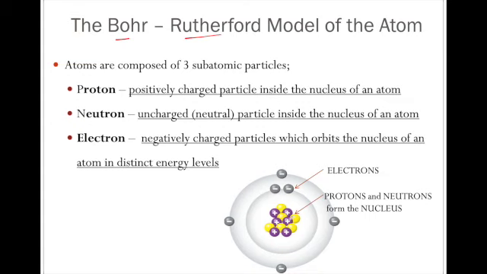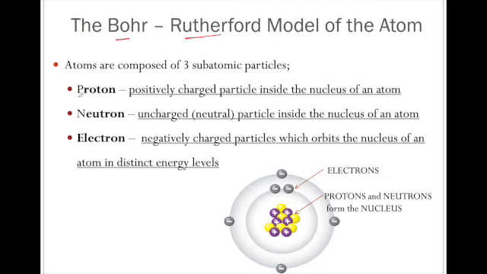And in the Bohr-Rutherford diagram down here, we have protons with these little pluses, these purple ones, and neutrons, which are these yellow ones, which have no charge, in the middle, or the nucleus, of the atom. Electrons, with these little minuses that are gray, are in little orbits around the outside of the nucleus. So the protons and neutrons live inside the nucleus.